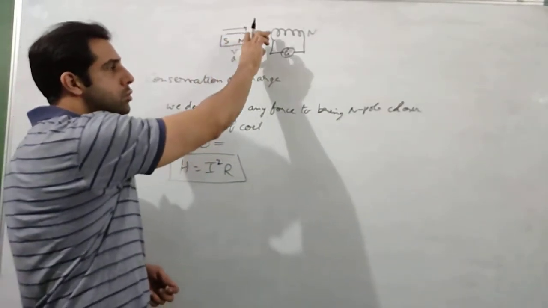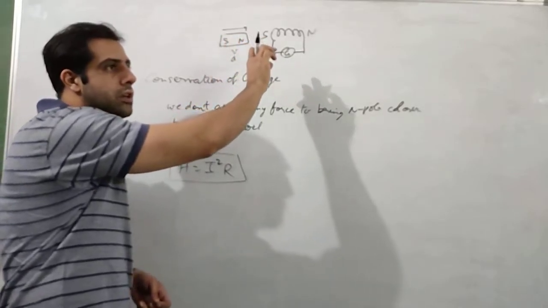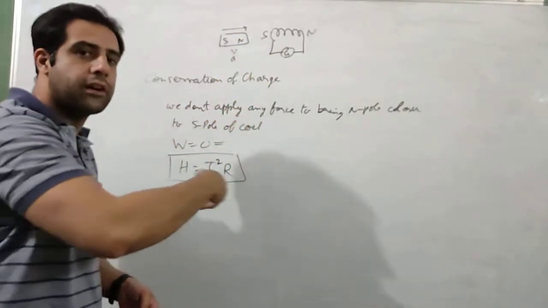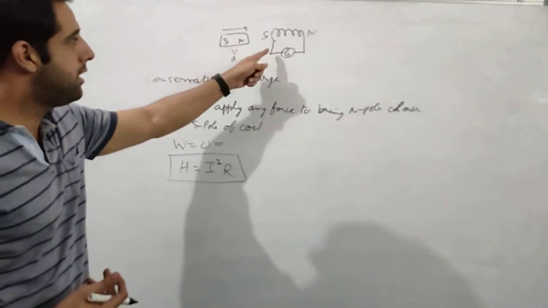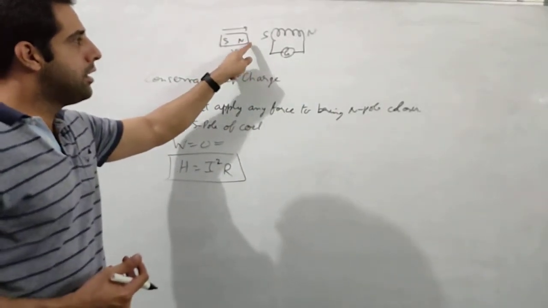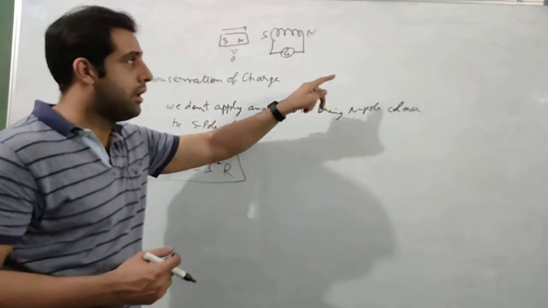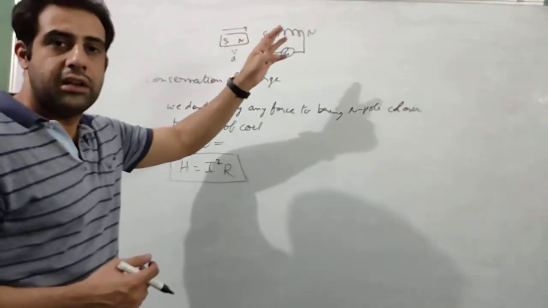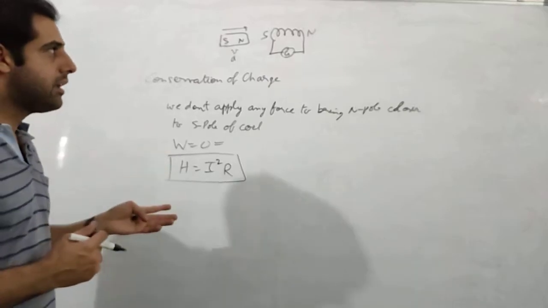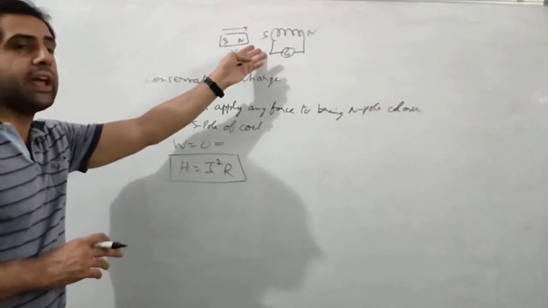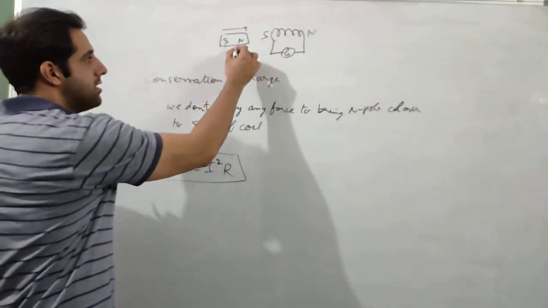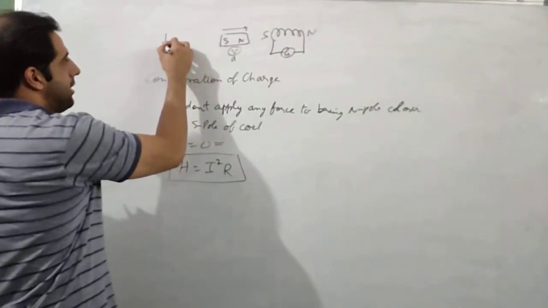It will get closer to the coil, and as it gets closer, the velocity and acceleration will further increase, because the force of attraction is increasing. With every point the magnet moves towards the coil, the velocity and acceleration will increase. That means no force is doing work, but energy is getting generated. Whenever there is velocity, there will be kinetic energy.